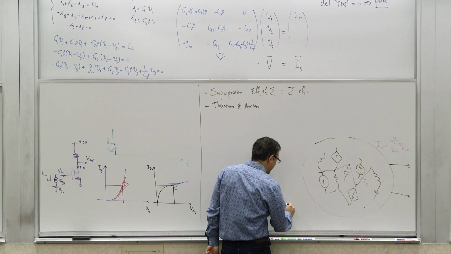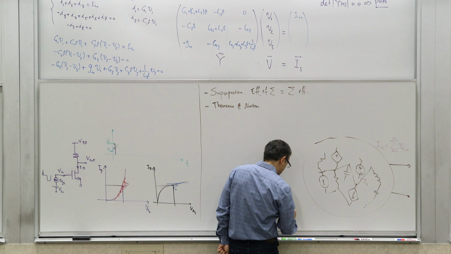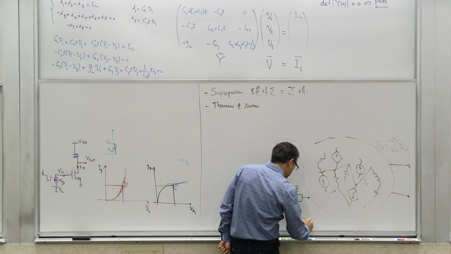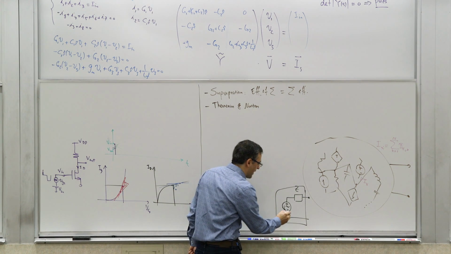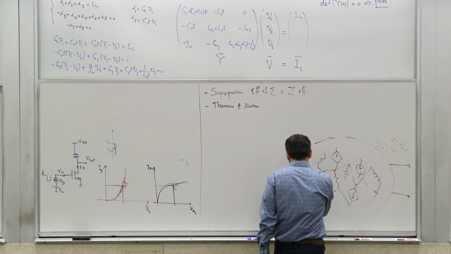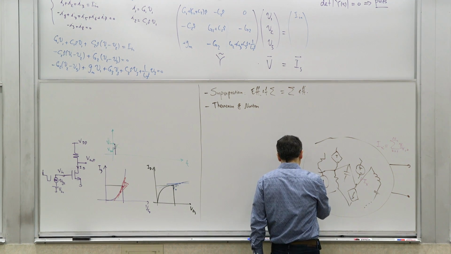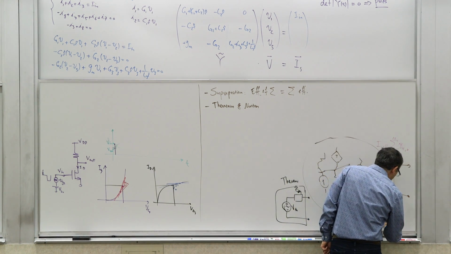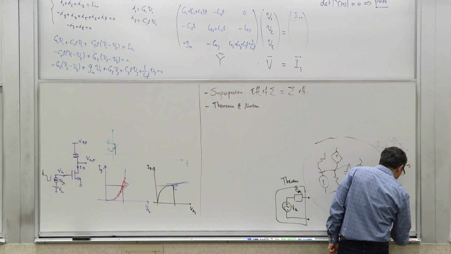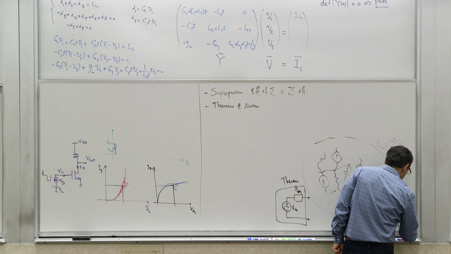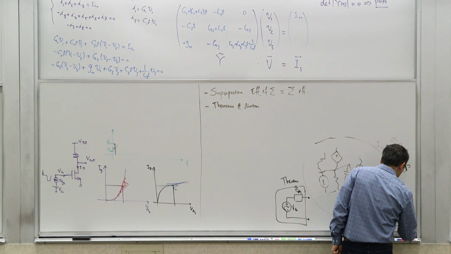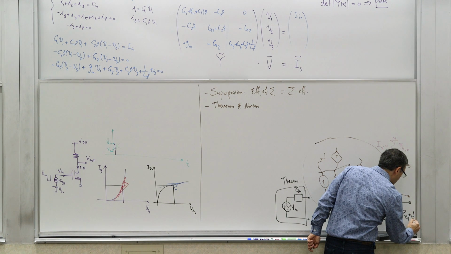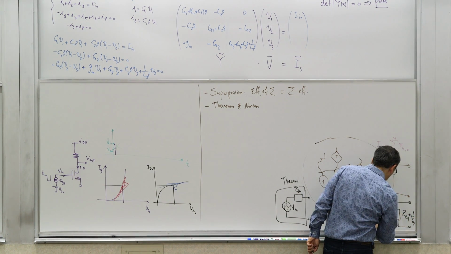Thevenin equivalence says this can be modeled as a source, in general a voltage source V Thevenin, in series with some impedance Z equivalent. And the Norton equivalent is a current source I Norton in parallel with the same Z equivalent, or admittance Y equivalent, which equals 1 over Z equivalent.